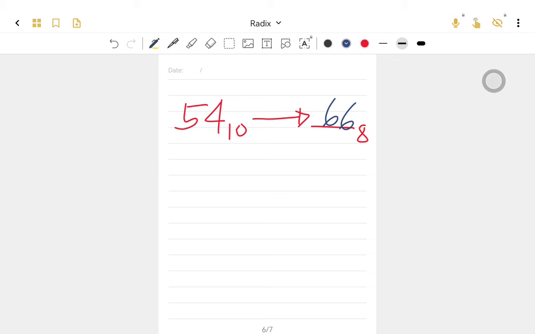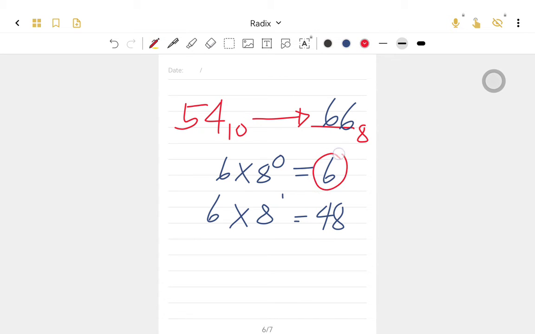Why? Because we have 6 times 8 to the power of 0 is 6, and then 6 times 8 to the power of 1 is 48. So if we add 6 plus 48, it will give us 54.